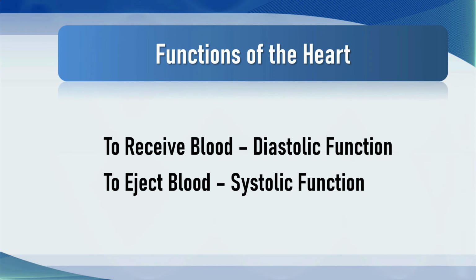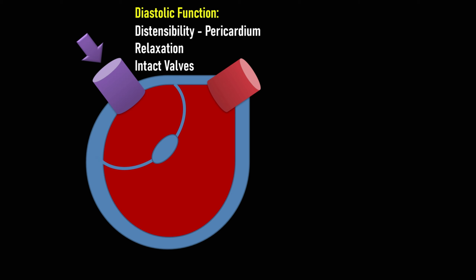The function of the heart is to receive blood, that's the diastolic function, and to eject blood, that's the systolic function. So here's our cartoon of the heart. And the diastolic function is the distensibility, and that is determined by the pericardium and the state of the right and left atria and ventricles. Is the heart able to relax and are the valves intact?